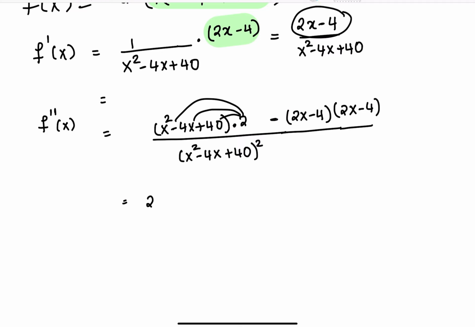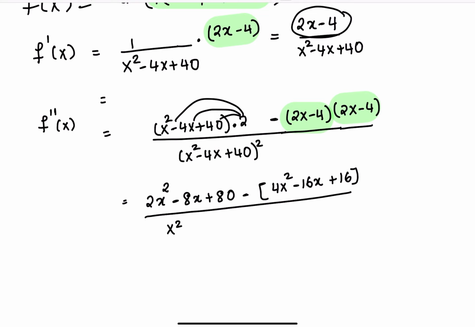Okay, so this is 2x squared minus 8x plus 80 minus, I'm going to have a big parenthesis here because I'm multiplying these two, and I would get 4x squared. 8 times 2 is 16, negative 16x plus 16, the whole thing over x squared minus 4x plus 40 whole squared.